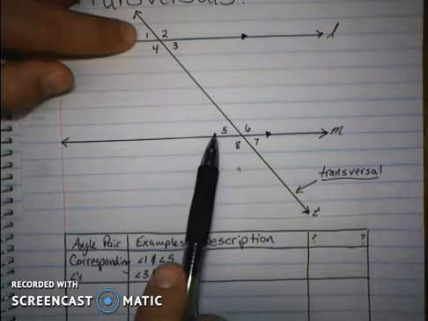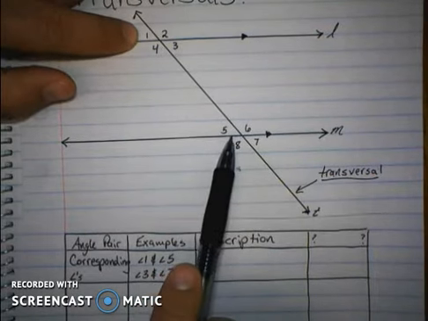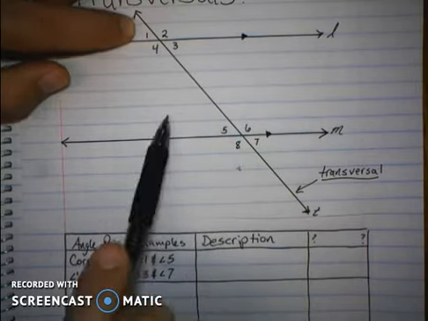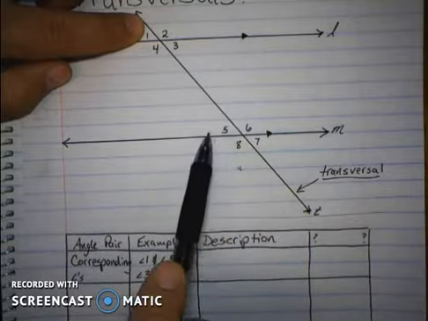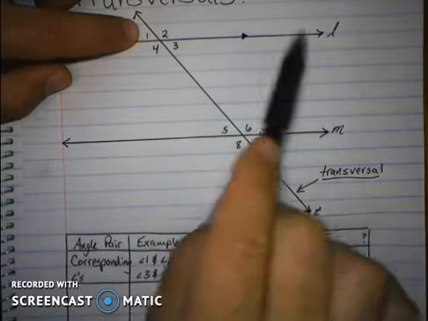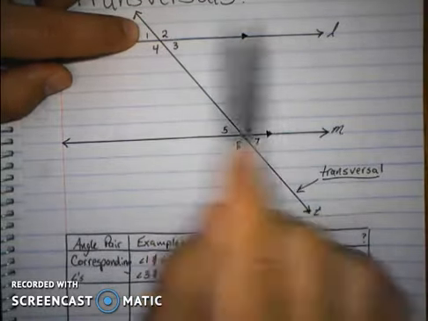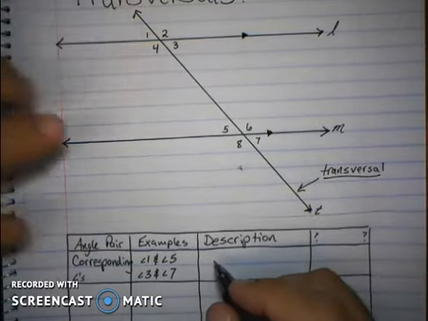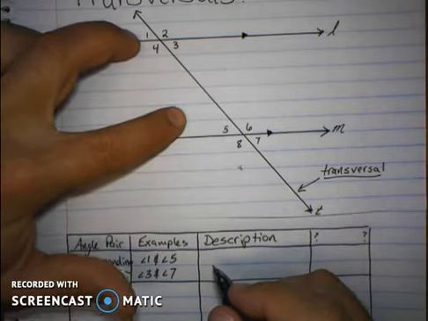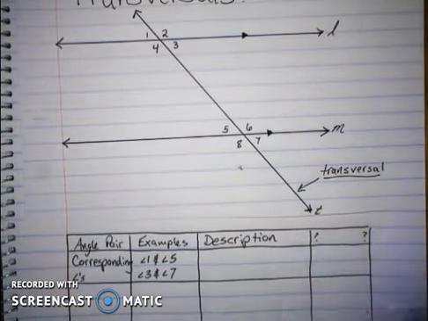If you look at 1 and 5, angles 1 and 5 are angles created by this left side of the transversal, and then they're both above their respective lines in the parallel lines. Angle 1 is above line L. Angle 5 is above line M. And so what we get is that corresponding angles are in the same position relative to the lines.